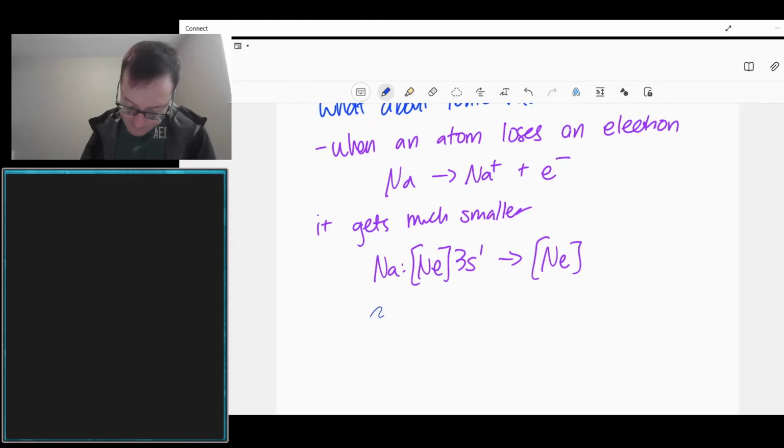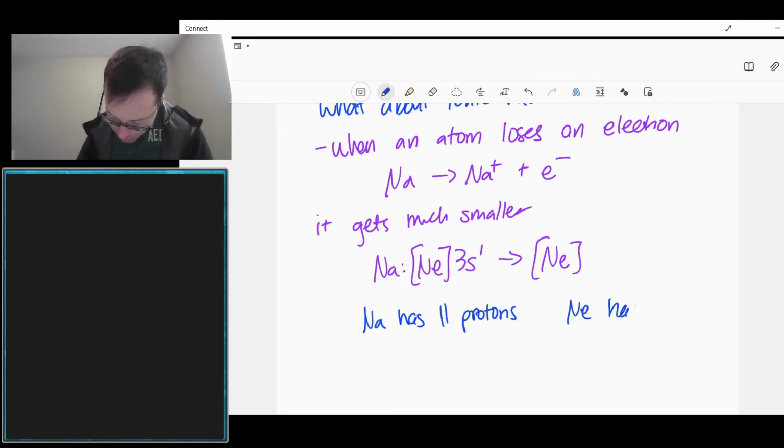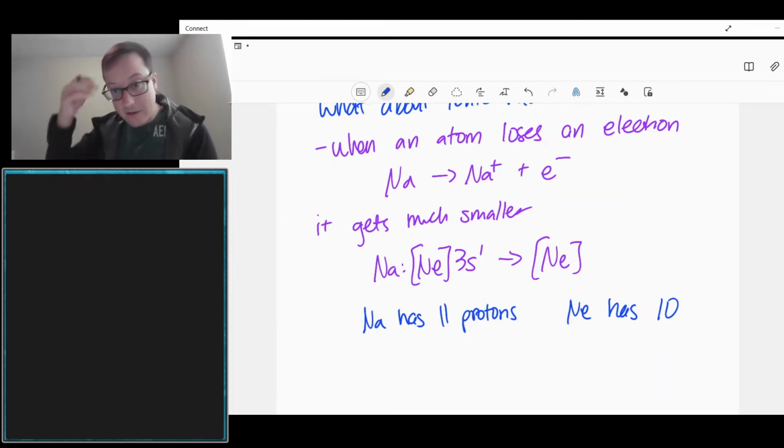But sodium has 11 protons, whereas neon has only 10. And if they have the same electron configuration, more protons means a greater effective nuclear charge. And so even though they're both the same electron configuration now, the sodium one is going to be pulled in a lot closer than the neon will be.